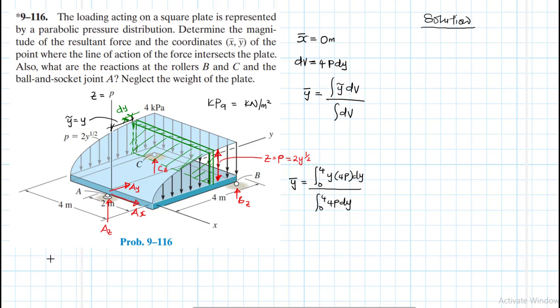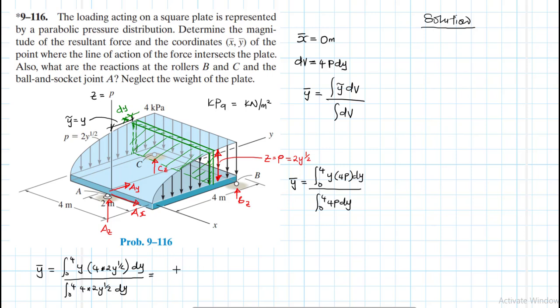Let me use the space underneath this side. So now let's continue. We have y bar is equal to the integral from 0 to 4 of y times 4 times 2y to the power half dy, divided by the integral from 0 to 4 of 4 times 2y to the power half dy.